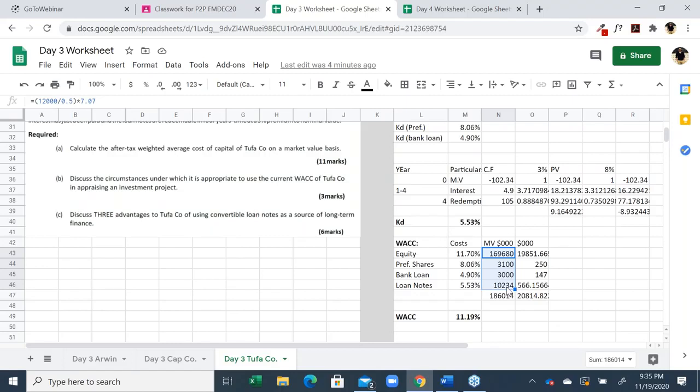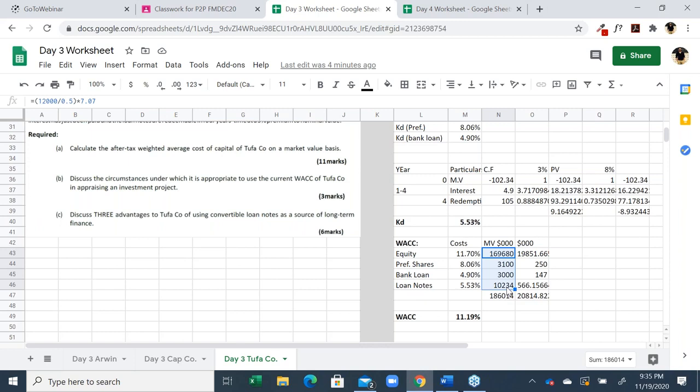Usually not. You will either have to raise funds through issuing shares, obtaining a bank loan, issuing preference shares or loan notes. Usually, either of these, or it may be altogether something different. It may be a convertible loan note.